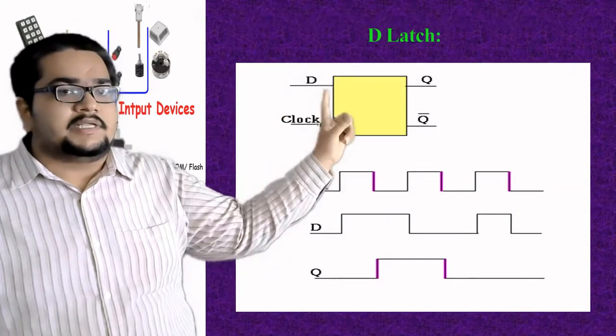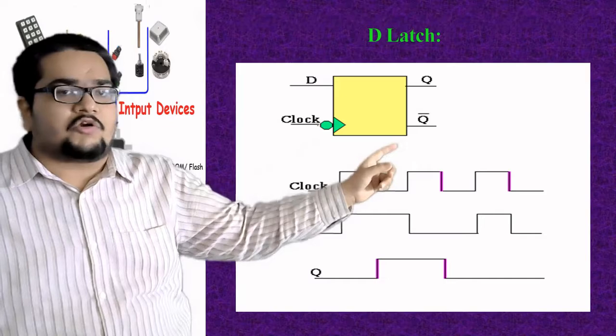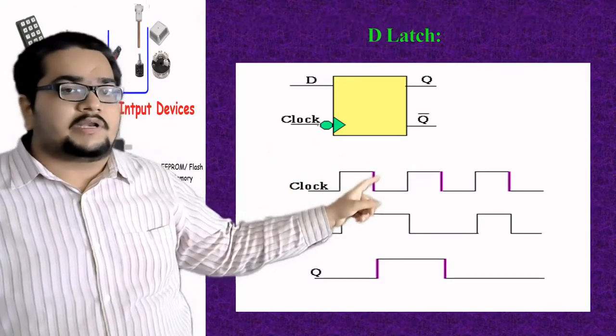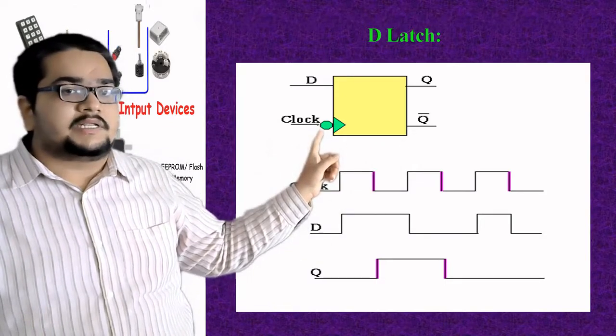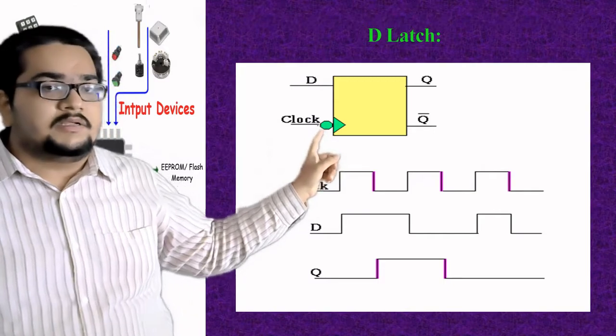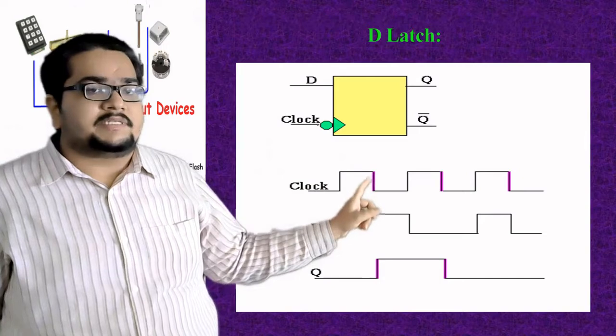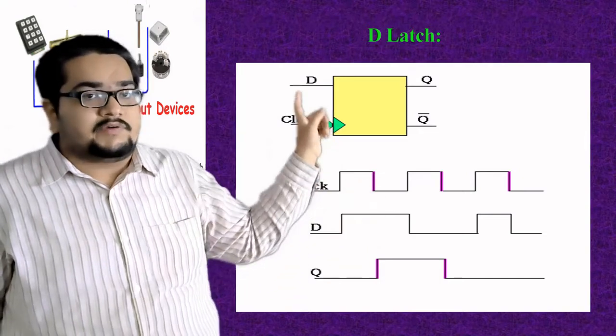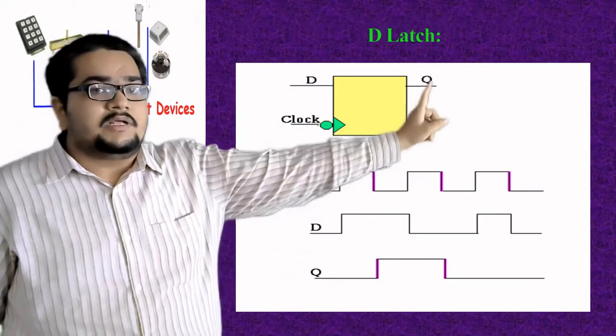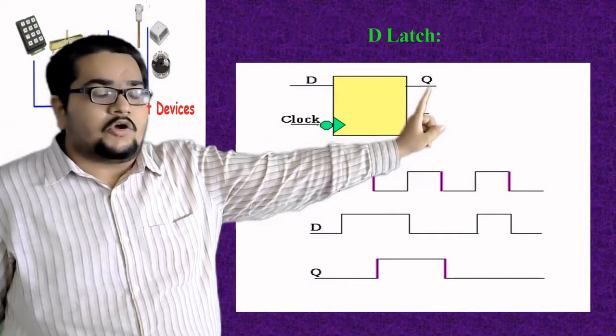The D-latch has a D input, a clock, and a Q bar output. You see that every clock trigger is negative edge triggered. When it is edge triggered, we call it a flip-flop. So when it is negative triggered, whatever data input is there will be the next state of the output.